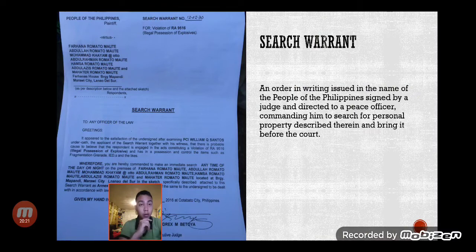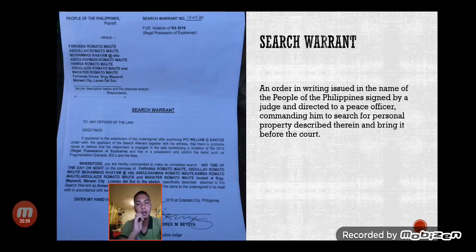And the last one is search warrant, an order in writing issued in the name of the people of the Philippines, signed by a judge and directed to a peace officer, commanding him to search for personal property described therein and bring it before the court.